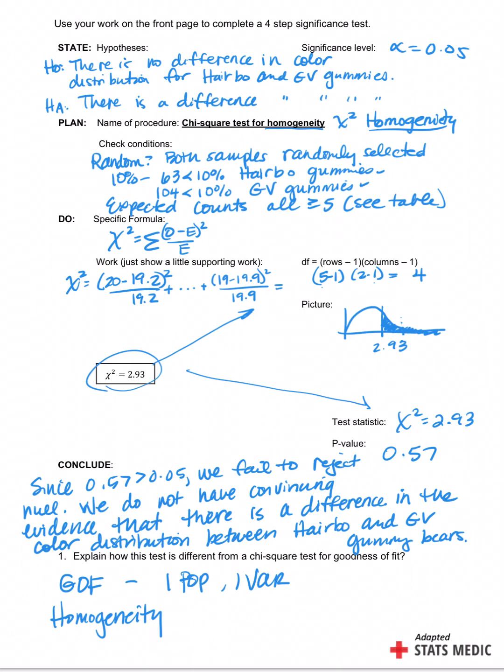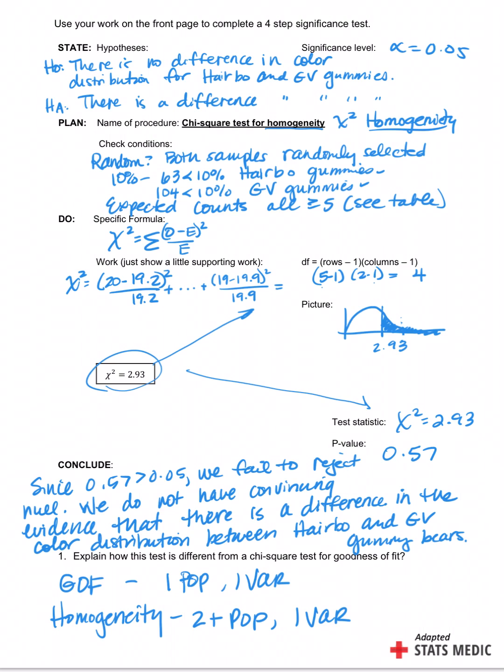One population, one variable, right? Colors of the M&Ms or colors of the Skittles, right? Homogeneity is two or more populations, but still one variable. We just happened to compare two brands of gummy bears. Are there other brands we could have compared? Sure. But still one variable of color was our deal. That's homogeneity.